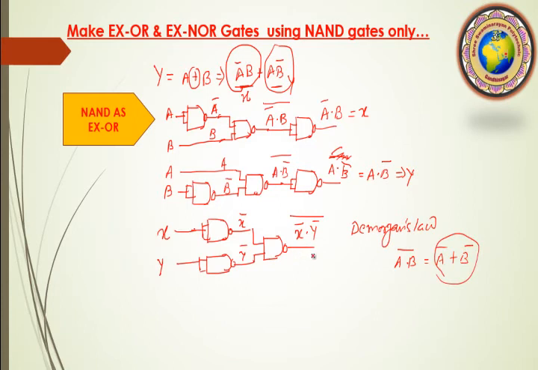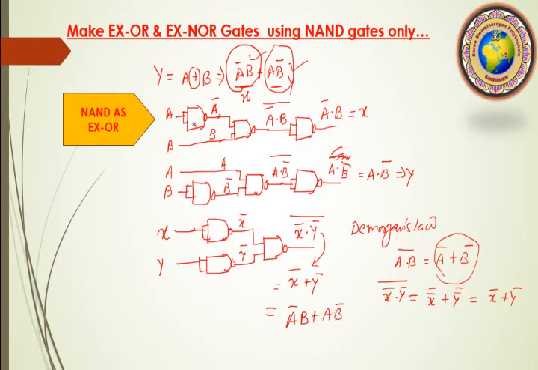So I will apply it for X bar dot Y bar whole bar, then X bar bar plus Y bar bar, which means X plus Y. So here I write X plus Y. So this is our X and this is our Y. Implementing it here, we get A bar B plus A B bar.